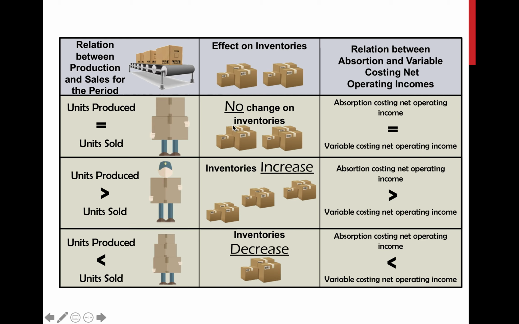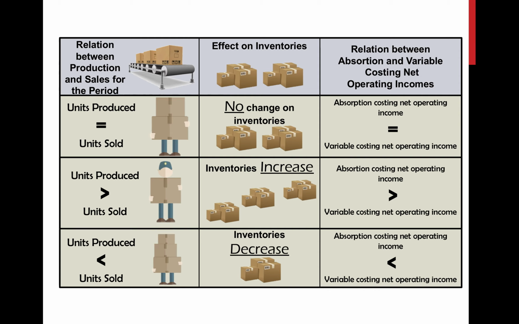So if you think about it, the fixed manufacturing overhead stays in the same period. And remember, on variable costing, fixed manufacturing overhead is treated as a period cost. So you don't have any difference when this happens. But when you produce more than the units you sold, you will increase your inventory because you are accumulating inventories.